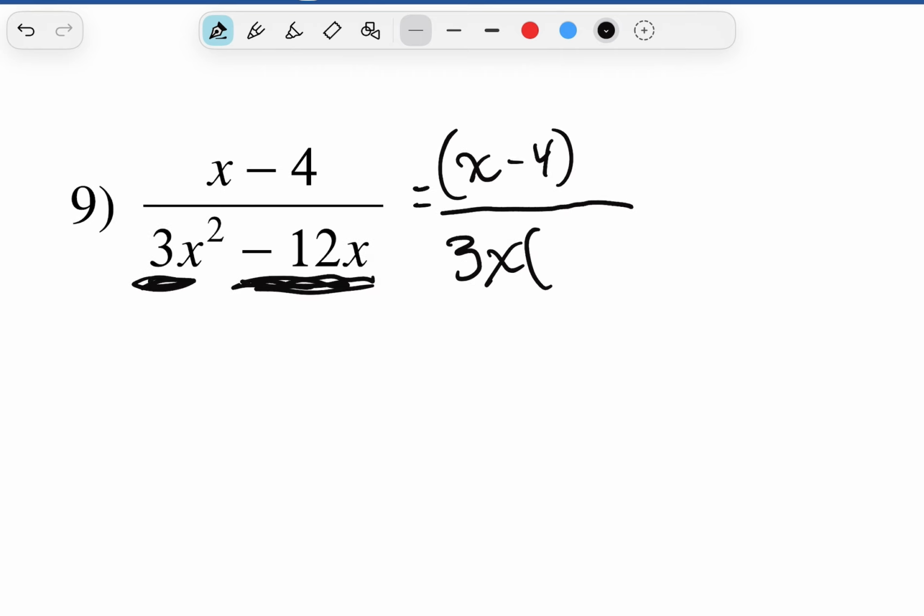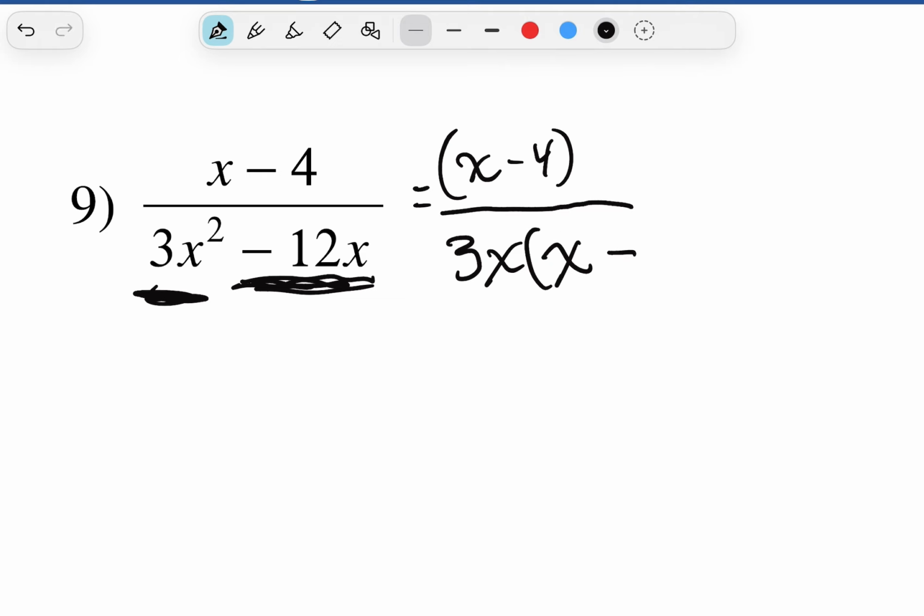So now what do we have to multiply 3x by to get 3x squared back? 3x times what equals 3x squared? Well, 3x times x equals 3x squared. So if we were to distribute this, the first thing we would get is 3x squared. That's where we came from.